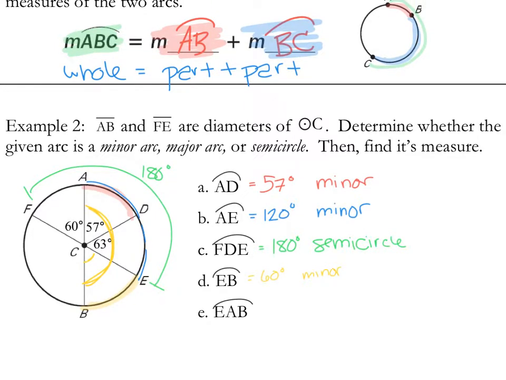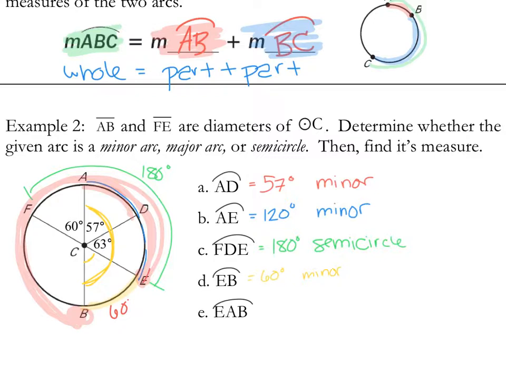EAB. Now here's the tricky one, because I would need to start at E and I need to go all the way around to B. So this whole thing I need to find the measure of. Now, there's an easier way to do this rather than adding up all those angles and then you also have to find this angle. So, the easier way to do this would be, I already know that this is 60 degrees.